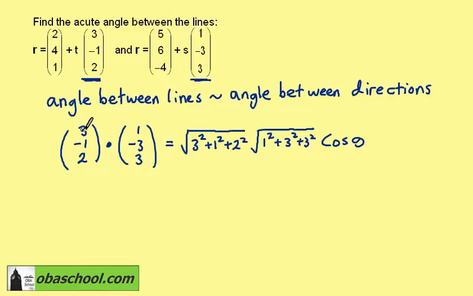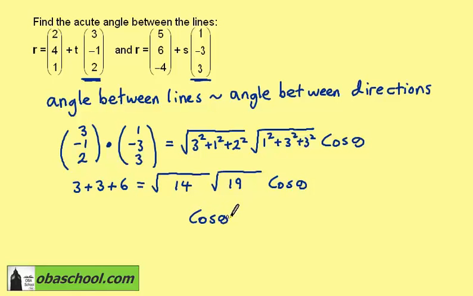We can calculate this. 3 times 1 is 3, minus 1 times minus 3 is 3, and 2 3's are 6. This is the root of 9 plus 1 plus 4, which is 14, times the root of 1 plus 9 plus 9, which is 19.